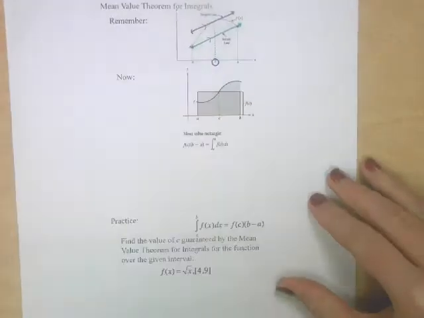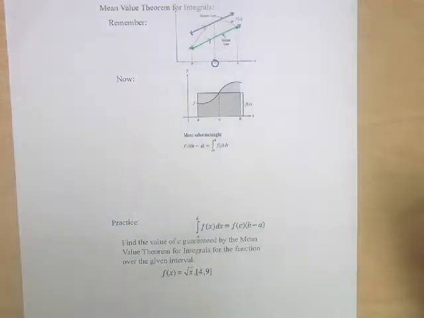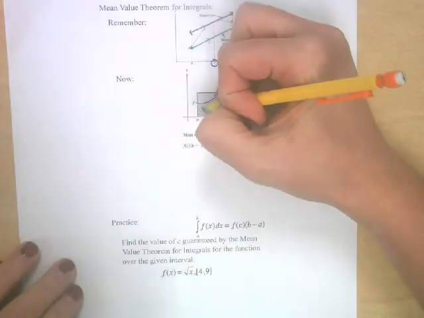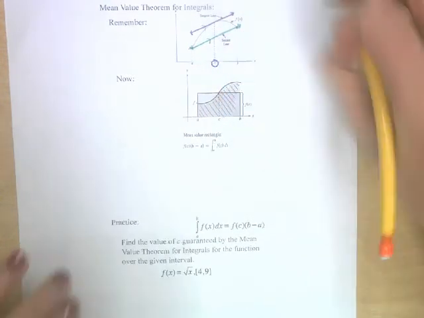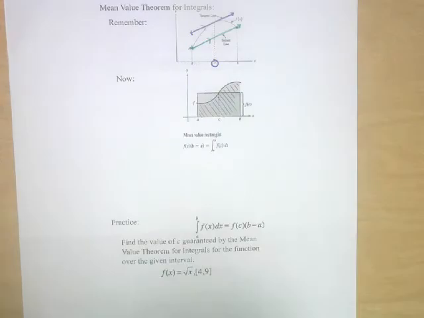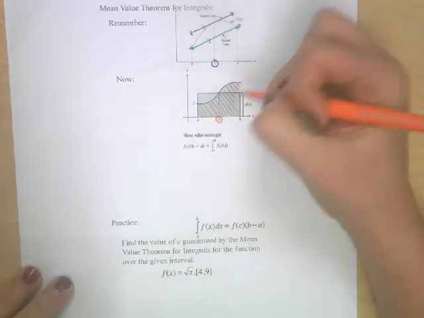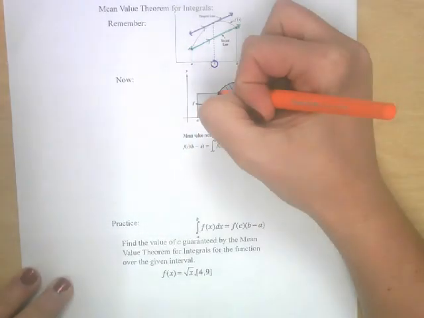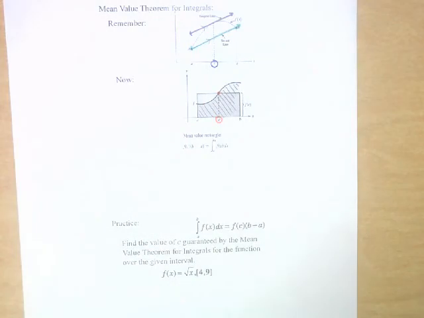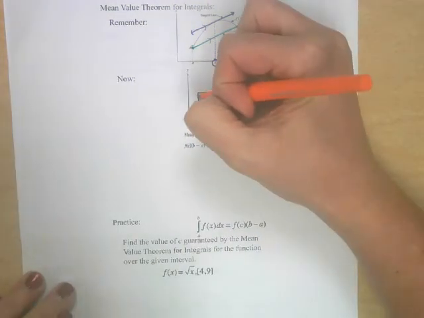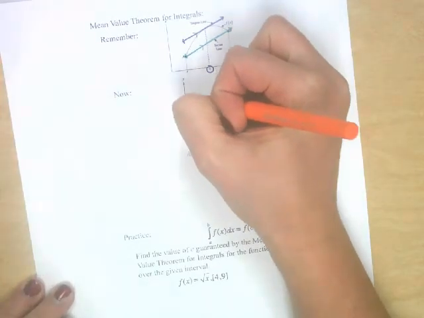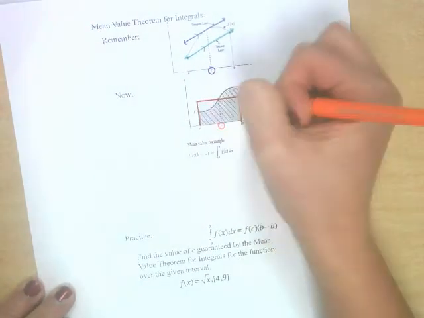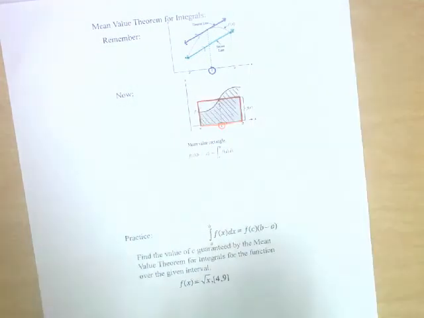So now we're going to do very similar, but we're going to be using integrals. So now we're saying, hey, this area under the curve, all of it, there is some value C that's on the curve somewhere between A and B, that when I look at that point C and I create a rectangle from A to B at that F of C value, that Y value, the area of this rectangle is equal to the area underneath the curve.